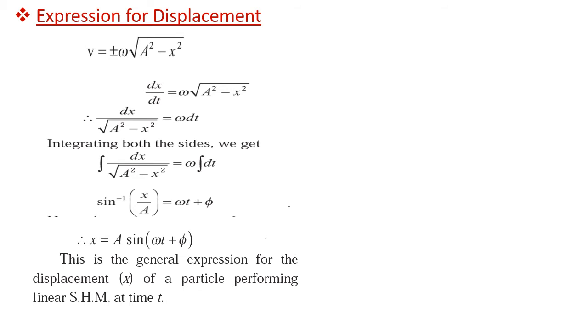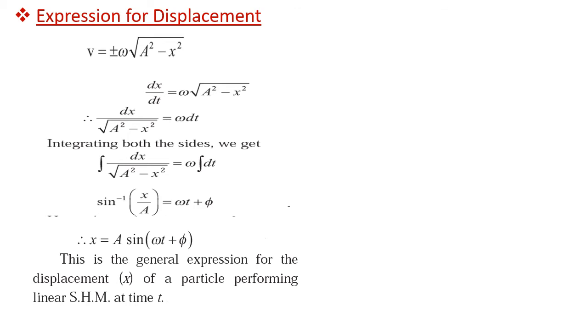Because omega is constant. Now applying the basic rules of integration, the integration of dx upon under root a square minus x square is nothing but sine inverse of x upon a, and the integration of omega dt comes out to be omega t plus phi.